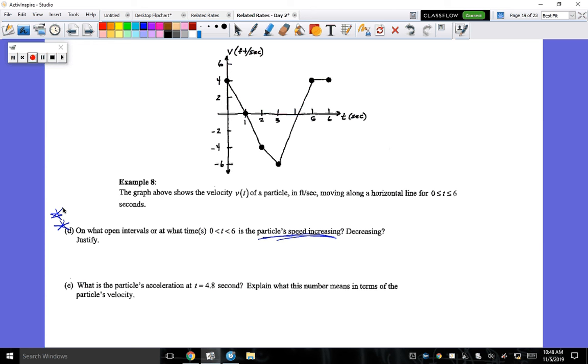Speed will be increasing when f prime and f double prime have the same signs. It will be decreasing when f prime and f double prime have opposite signs.